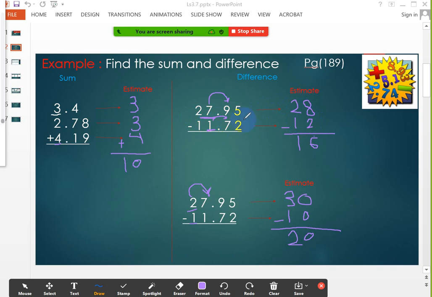When you round 11.72 to the nearest ones, as we learned yesterday, it will be 12. So the estimate for the difference will be 16.